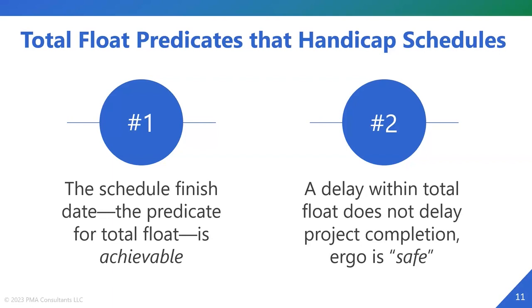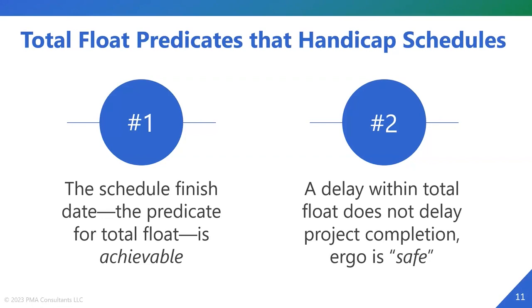The first predicate of total float is that you have a scheduled finish date. That date is achievable. How do we do that? So you have a schedule, you do a forward pass, right? Then you have a scheduled finish date. Then you pivot around and you complete, you backward pass your late dates.